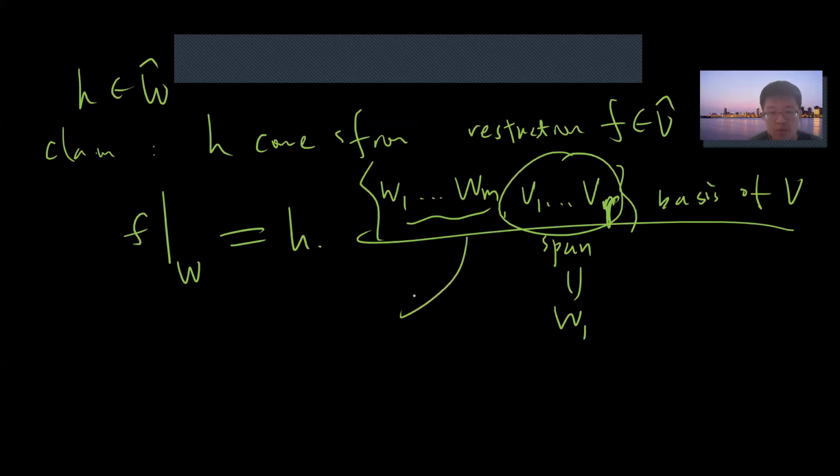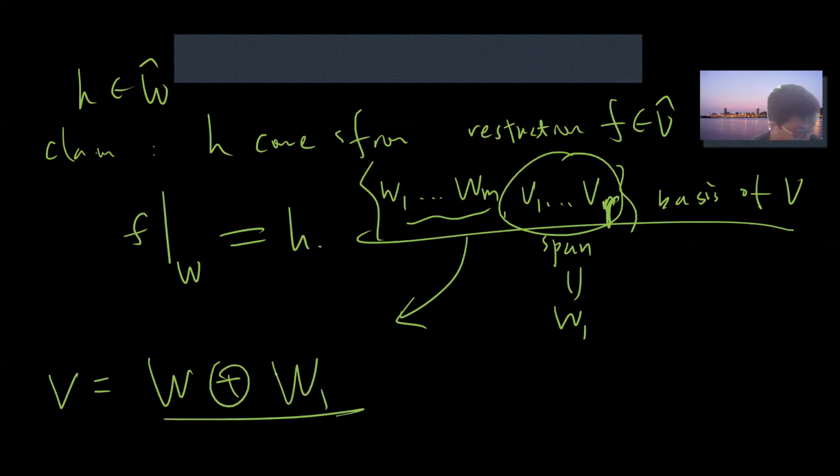So from this we know that V is the direct sum of W and W1. This means any vector v can be written as w plus w1, with w in W and w1 in W1.